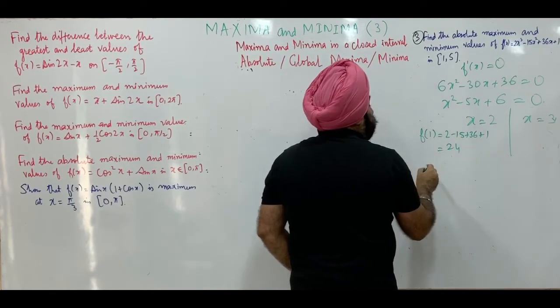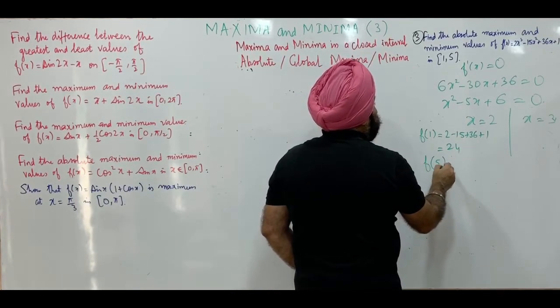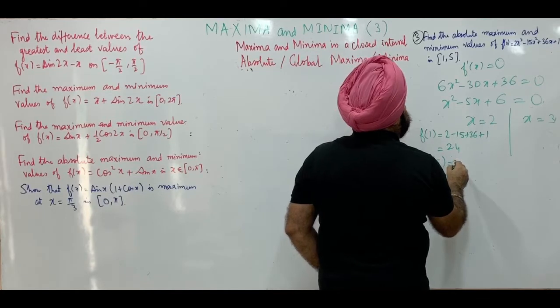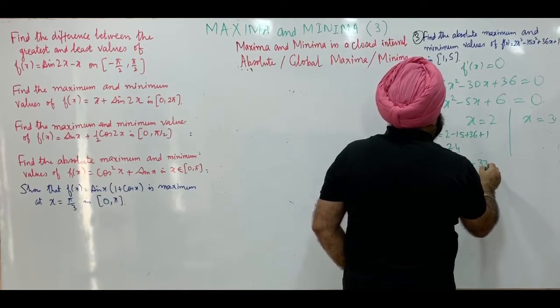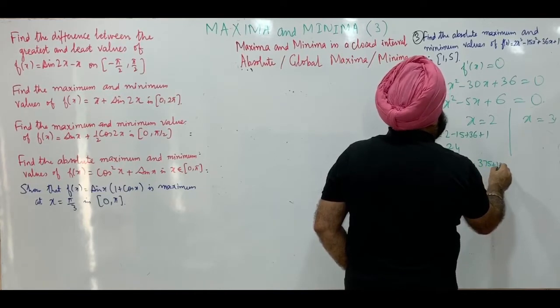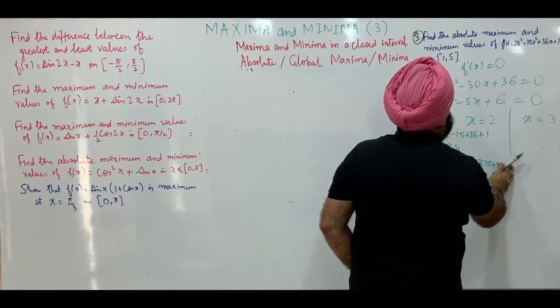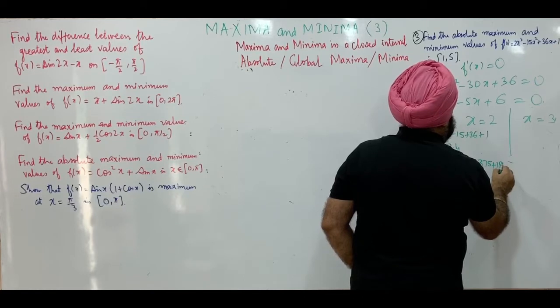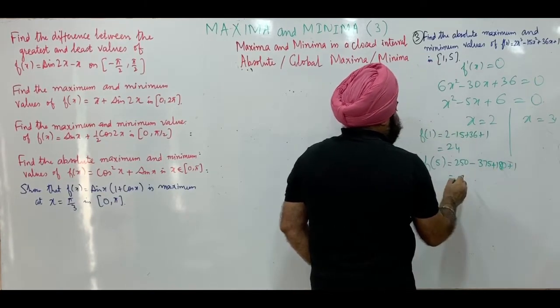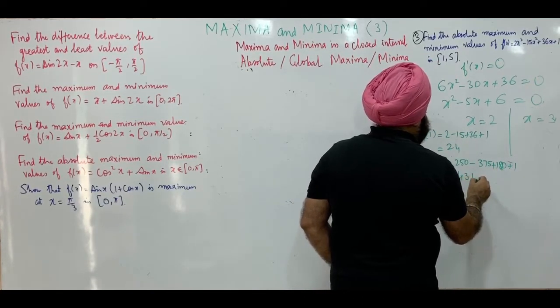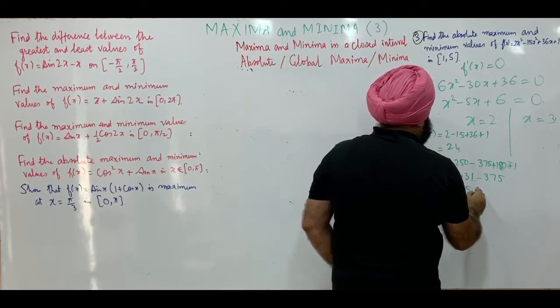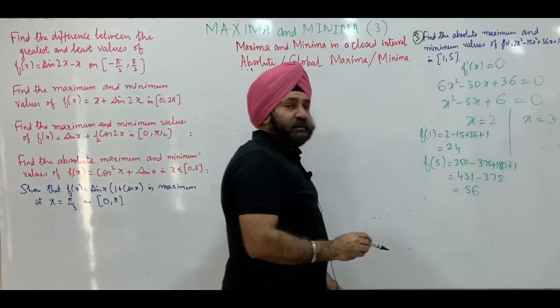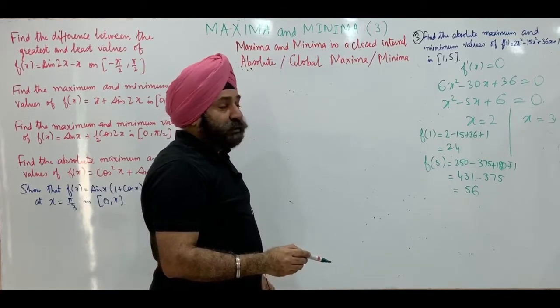This is 24. We find out the value of the function at the end point. This is 250 minus 375 plus this will be 180 and plus 1. That will be 431 minus 375. This is 31 plus 25. This is 56. So this is the value of the function at the end point of the interval.